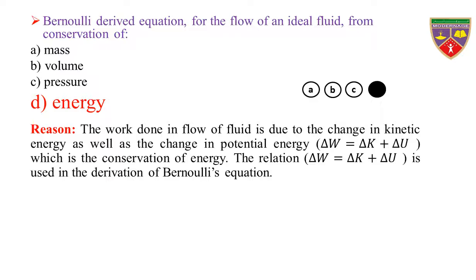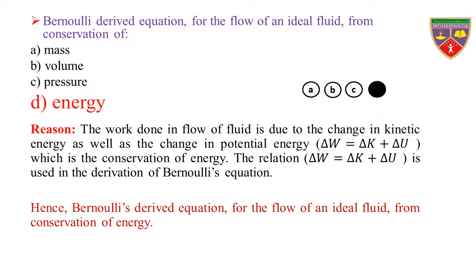The relation delta W is equal to delta K plus delta U is used in the derivation of Bernoulli's equation. Hence, Bernoulli derived equation for the flow of an ideal fluid from conservation of energy.